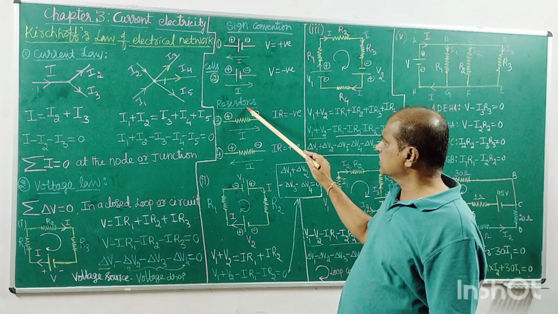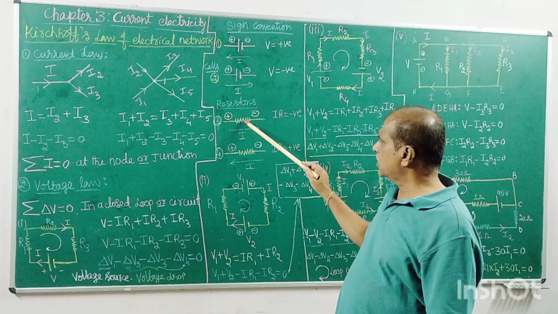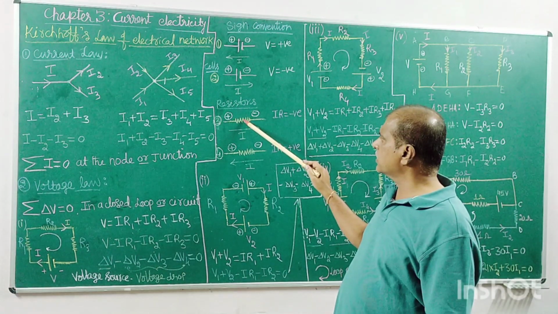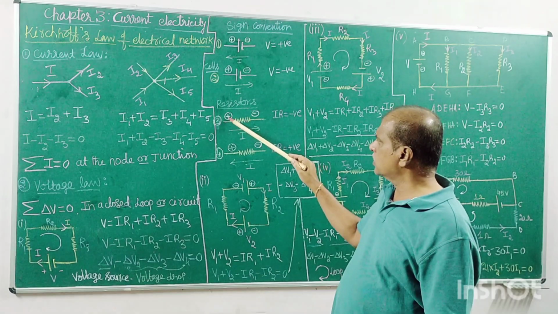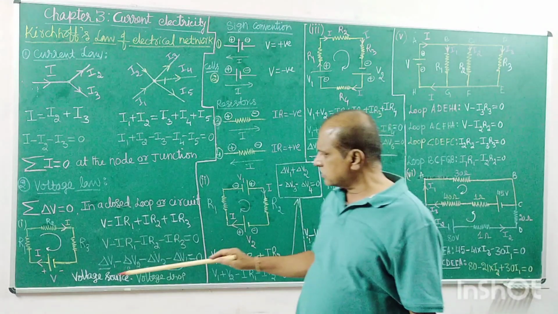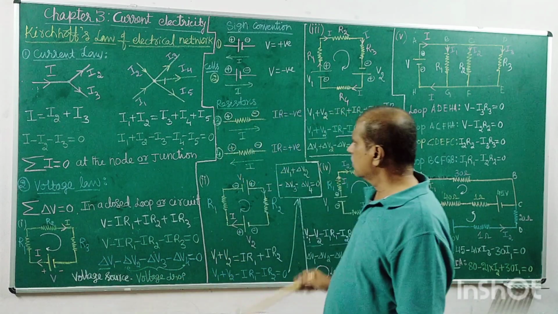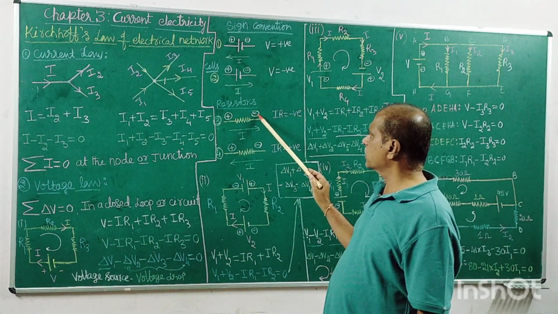What about the resistor? A resistor is connected to a cell like this, with a positive potential and a negative potential.